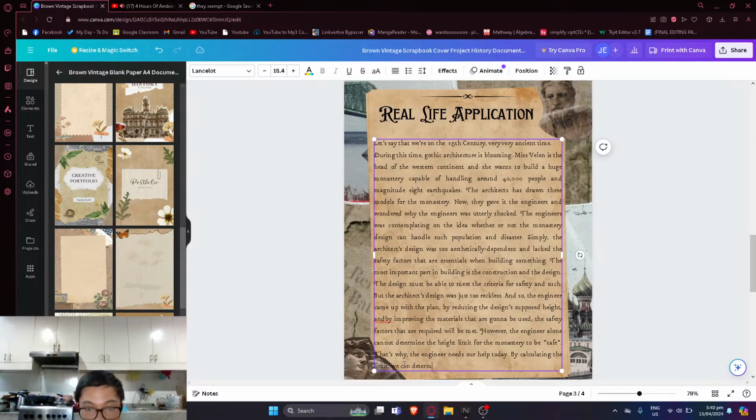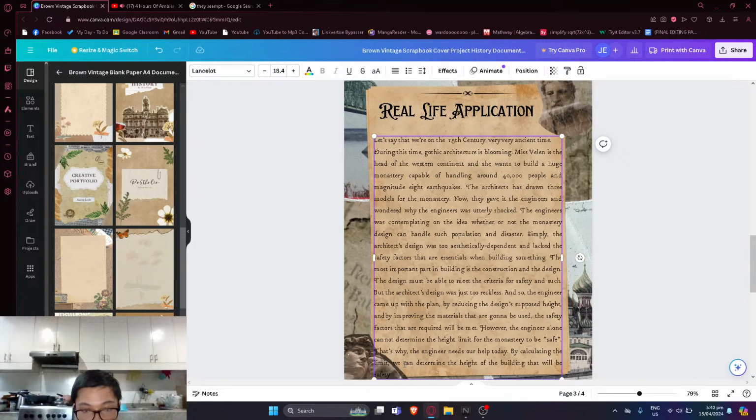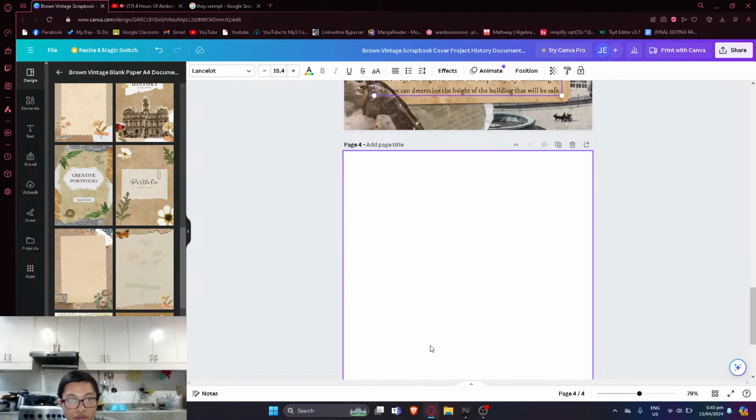By calculating the limit, we can determine the height of the building that will be safe.